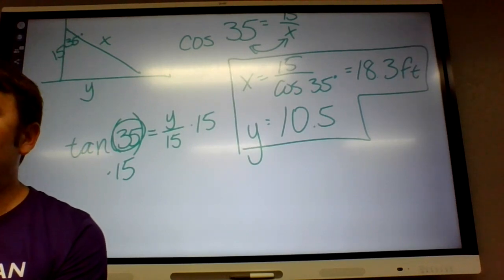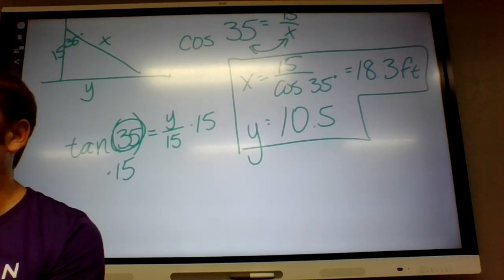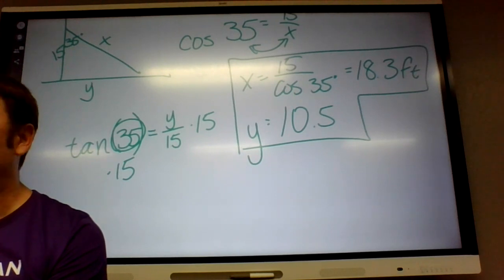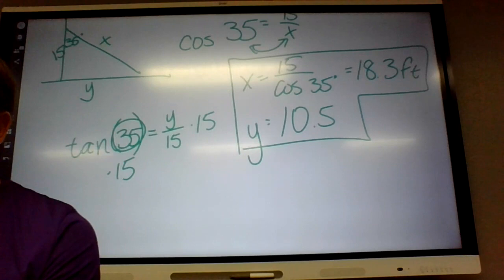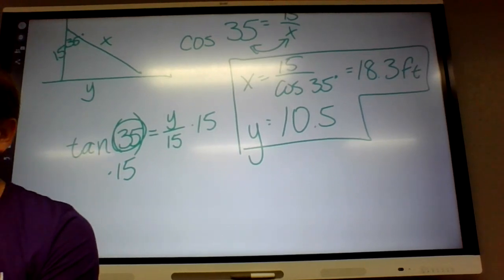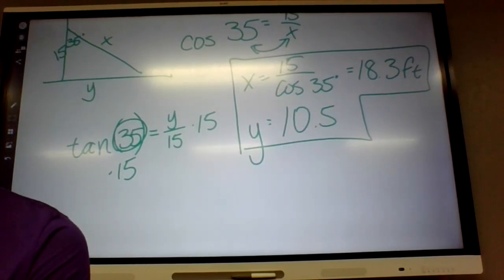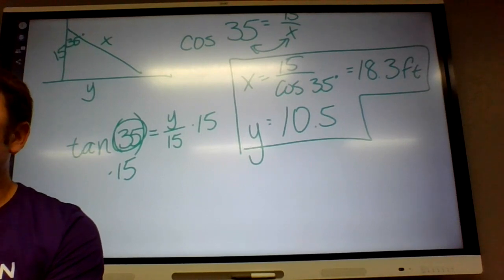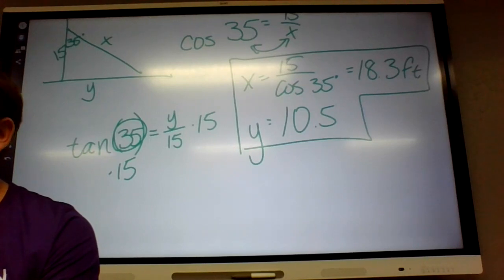On B, it says angle MPB. When we drew in that little apothem yesterday, what happened to that angle? It got divided by 2. 51.4 divided by 2 is 25.7.